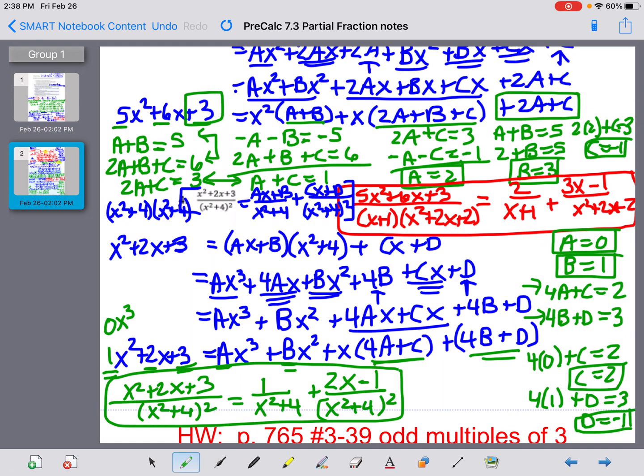So like 3, 9, 15, 21, 27, what is it, 33, 39, that's 7 problems. That's not that many. And all their answers are in the back of the book. So you know when you're done if you're okay or not, okay? Try them. It's super important that you have the practice. Let me know if you have any questions.